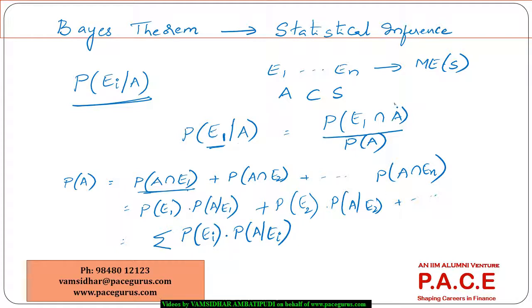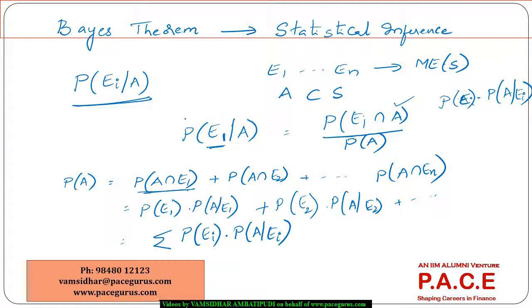Now what about the numerator? Probability of Ei intersection A. This I'll write as probability of Ei multiplied by probability of A given Ei.